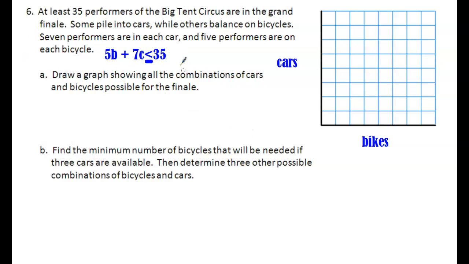So once again, let's find our X and Y intercepts. What if there were no bikes and all cars? Then we would have 5 cars. If there were no cars and all bikes, then we would have 7 bikes.